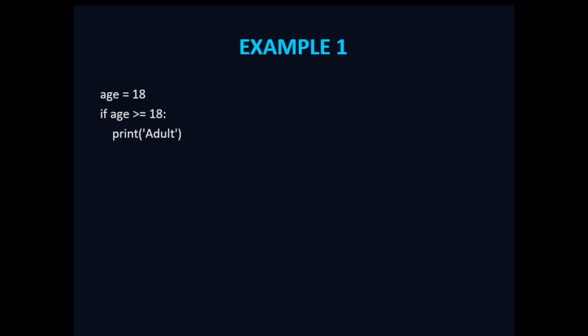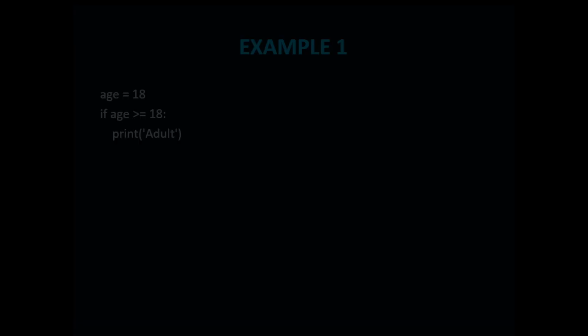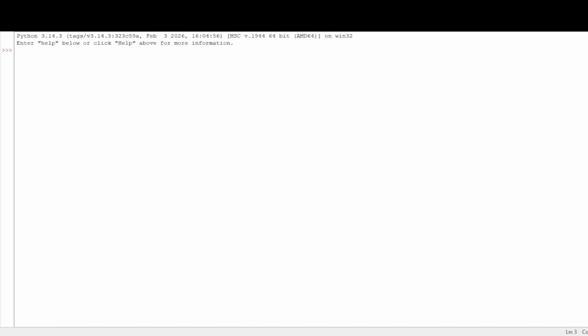Now let's quickly try this example in the IDE. Let me take age equal to 18. Now I'm checking if age is greater than or equal to 18.